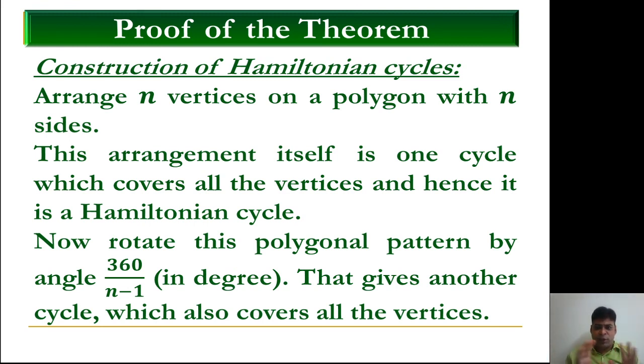With n vertices, obviously. That polygon itself is a circuit in graph theory, and it covers all the vertices, so it is automatically a Hamiltonian circuit. So arranging n vertices on a polygon gives you the first Hamiltonian circuit or cycle.